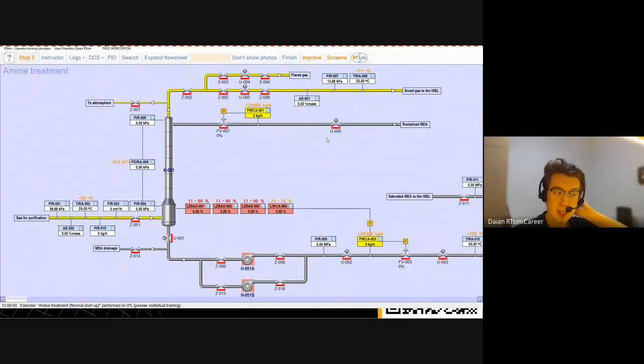After purification, gases coming out from the top of the column are used as fuel gas in furnaces or other units.